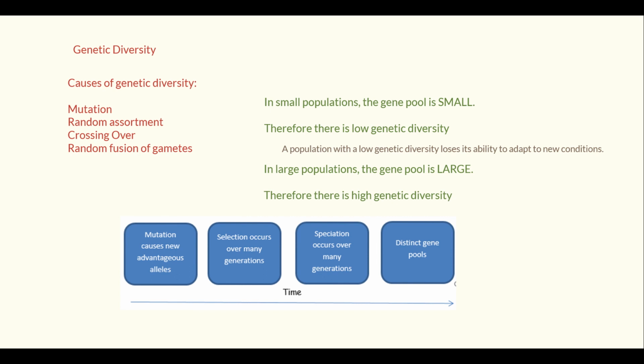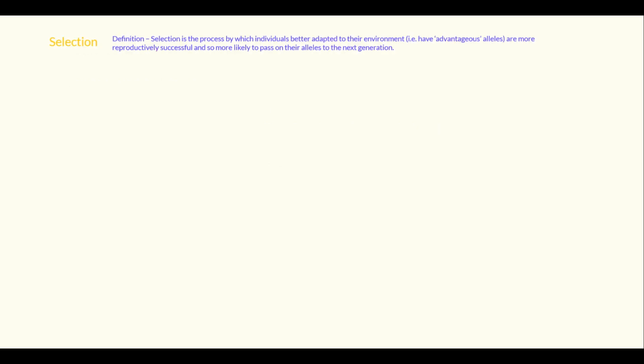But this, as it says, is going to occur over quite a long time period. Where it says many generations, this is the idea that the organism has to breed, and then their offspring has to breed, and then their offspring has to breed, and over and over again. Therefore, it's going to take quite a long time.